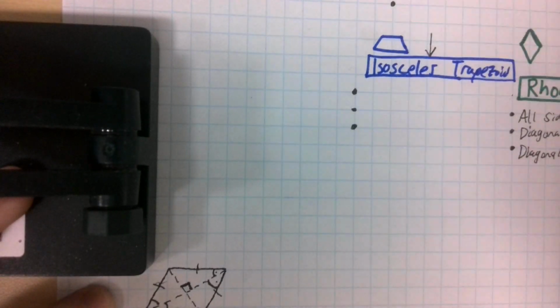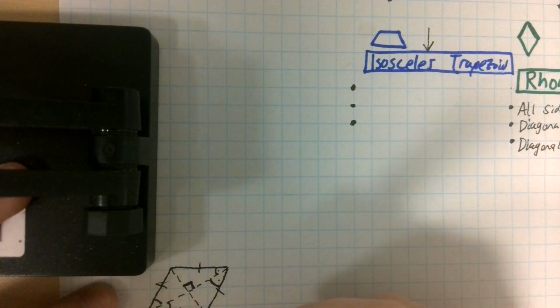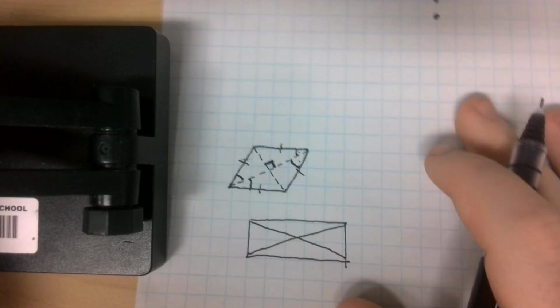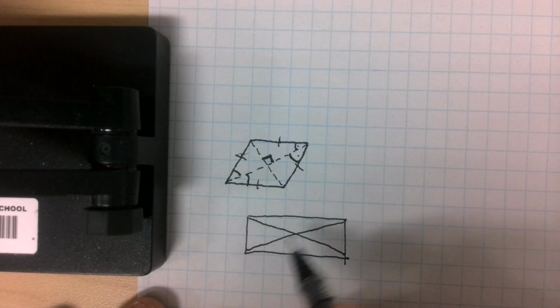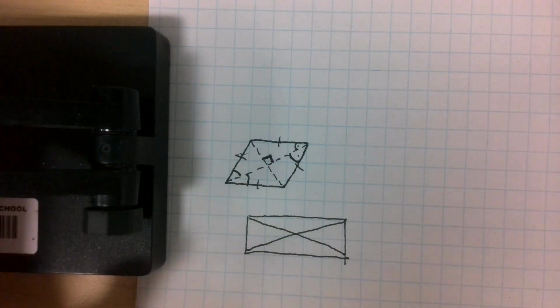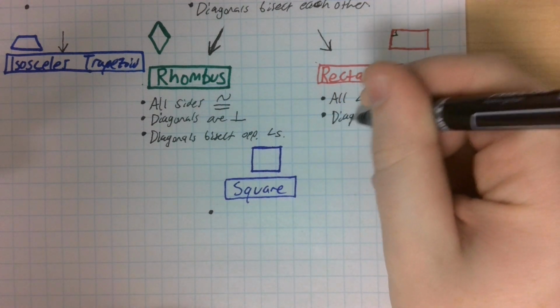I mean, take a look if I draw a rectangle over here. If I draw this rectangle here, and I draw the diagonals, these diagonals do not make right angles. Oops. How about that? These diagonals do not make right angles, but they are the same length. In a rectangle, the diagonals are congruent.